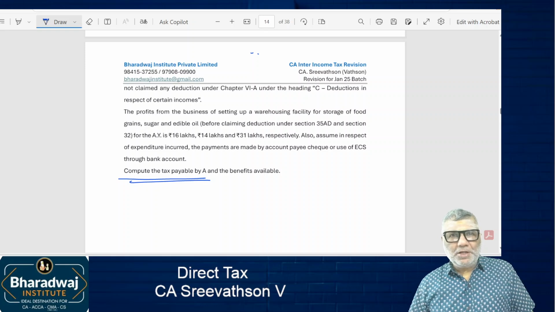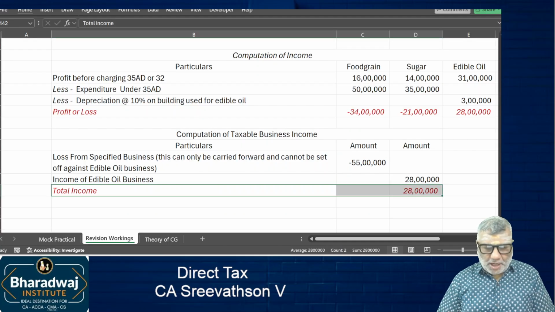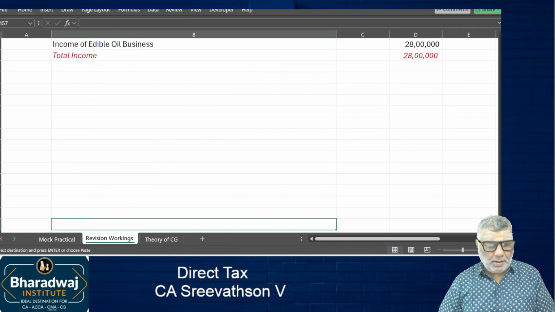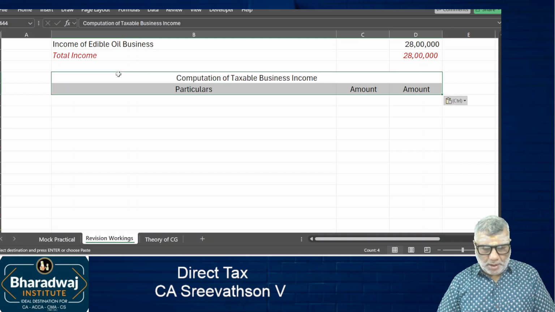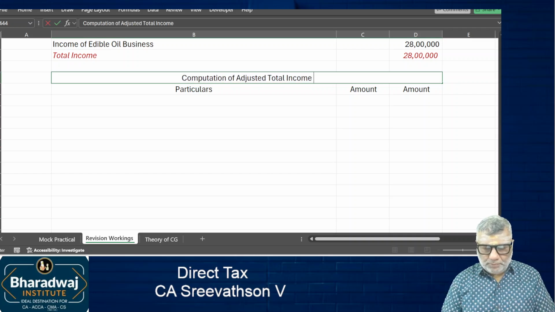Please remember that. So we should now rework the adjusted total income, and then only I can work out tax. Computation of adjusted total income under section 115JC.